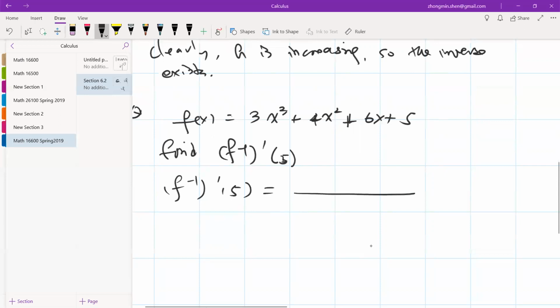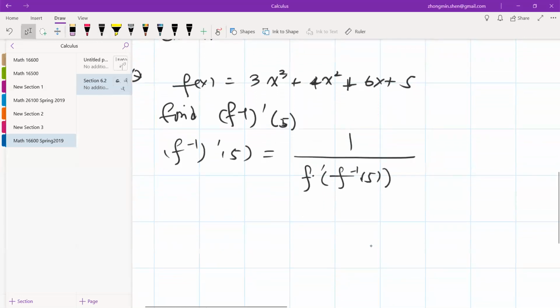Write down the formula first, so we know what you're going to do. From this formula, you have to find the value of the inverse function at 5, and you have to find the derivative of the original function. That's easy to find out.